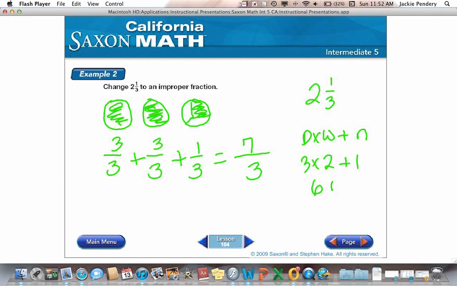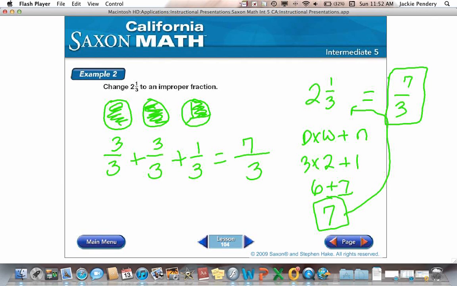So 6 plus 1 equals 7. This is how many pieces I have, and then we put that back over the denominator to get 7/3. So 2 and 1/3 equals 7/3. Okay, we'll look at this again in example 3.